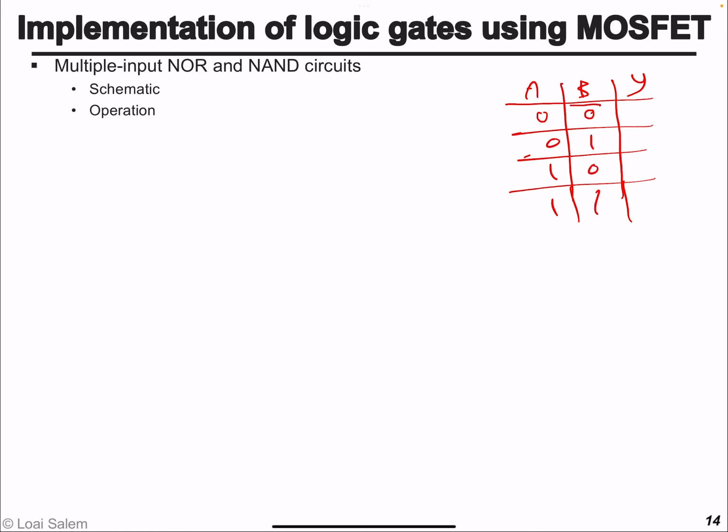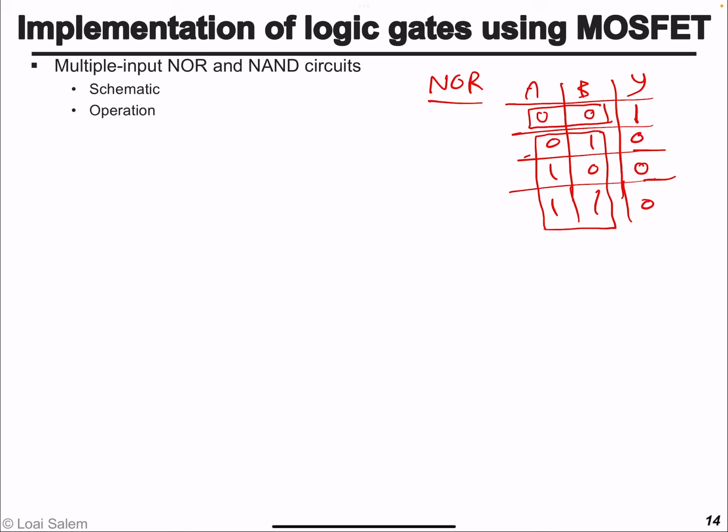So when both inputs are 0, an OR gate will produce 0, so a NOR, which is a complement, will produce 1 when both inputs are 0. On the other hand, if either input is 1 or both are 1, an OR gate is going to produce 1, so a NOR gate will produce 0.